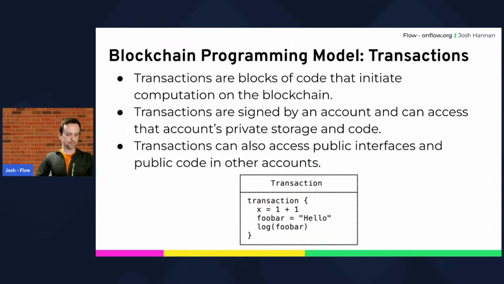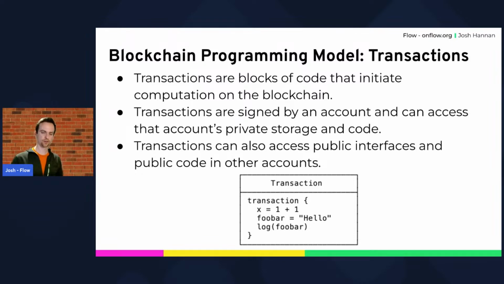So as we've explained earlier, any sort of computation on the blockchain has to be initiated by a transaction, and that applies to most smart contract programming environments and most blockchains.